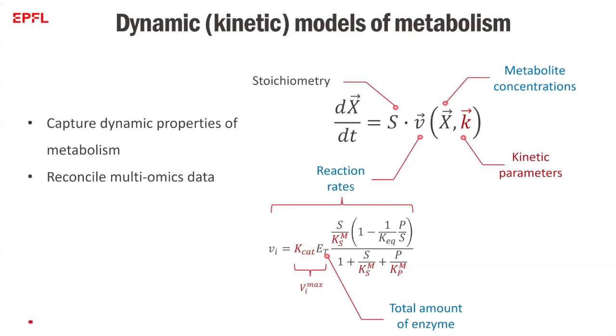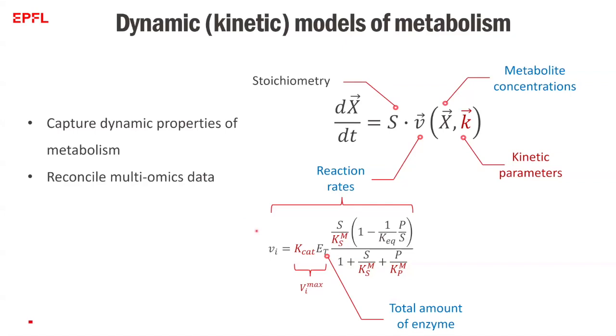And another advantage is that these models combine multiple things in a single mathematical expression, because you have metabolite concentration, reaction rate, total amount of enzymes in one single expression, which allows you to integrate multiple omics data simultaneously. So you can integrate transcriptomics, proteomics, fluxomics, and metabolomics data in a platform such as this, and try to reconcile all these data together.